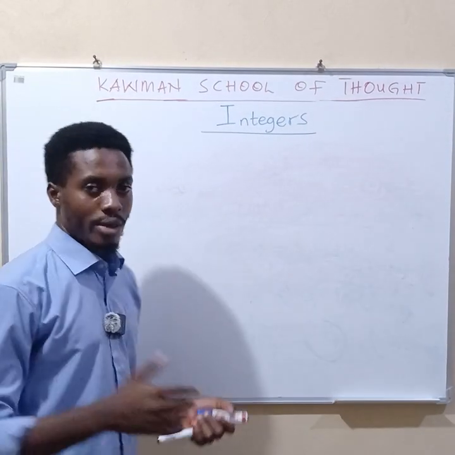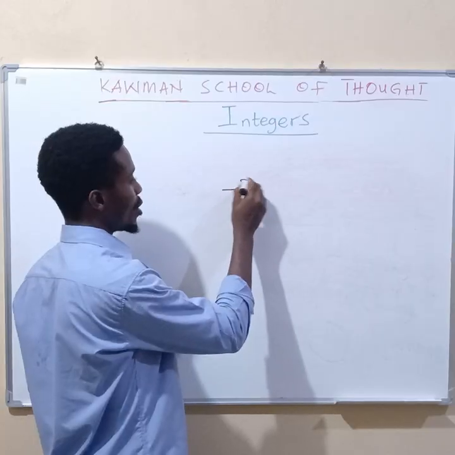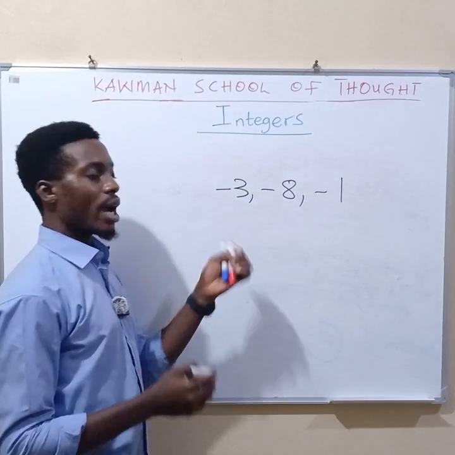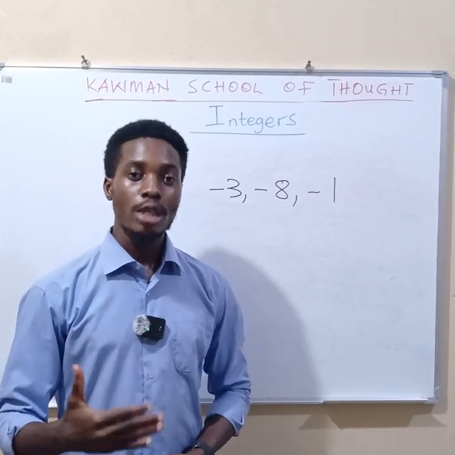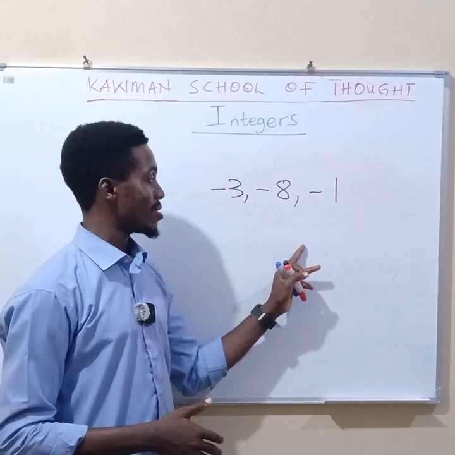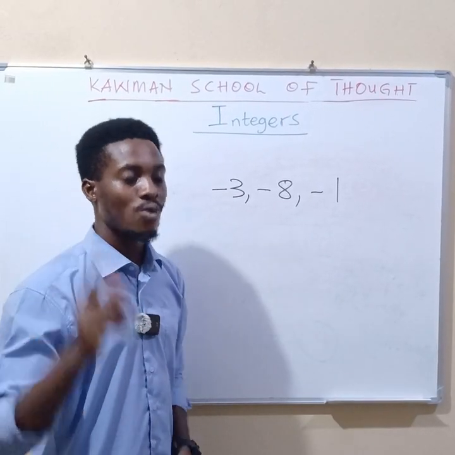So now let's take 3 numbers and see if we can arrange them. All negative: -3, -8, -1. Let's arrange these numbers in ascending order, meaning from smallest towards the biggest. The smallest number I'm seeing over here, don't tell me it is -1.